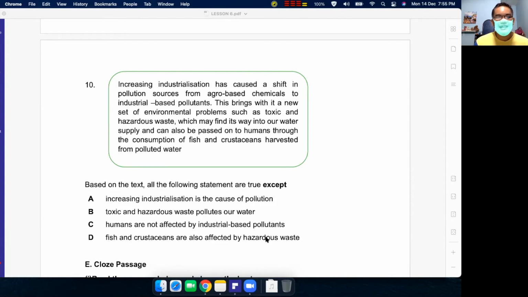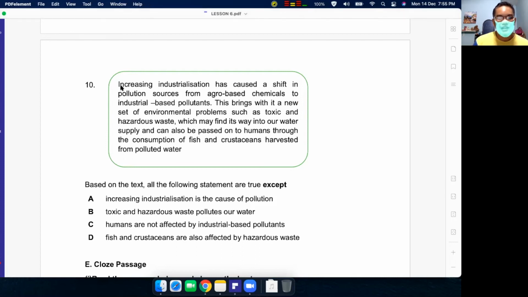Question number 10. Increasing industrialization has caused a shift in pollution sources from agro-based chemicals to industrial-based pollutants. This brings with it a new set of environmental problems such as toxic and hazardous waste, which may find its way into our water supply and can also be passed on to humans through the consumption of fish and crustaceans harvested from polluted water. So based on the text, all the following statements are true except.